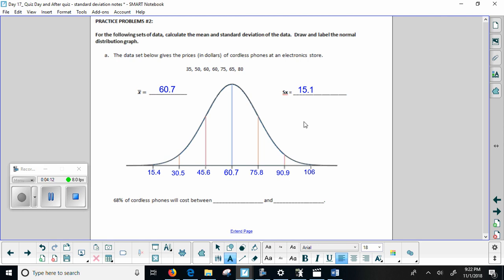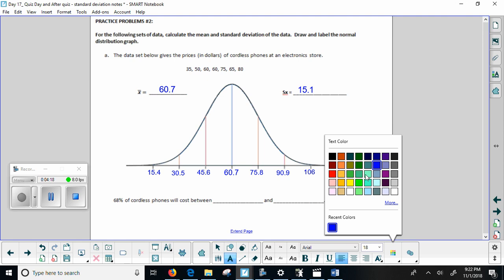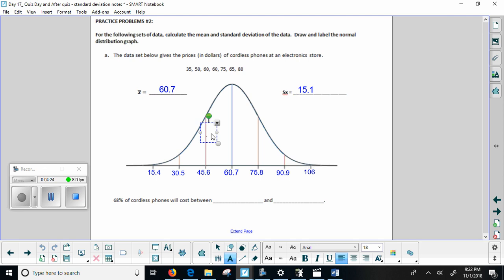Then I'm going to go ahead and put my percentages back in there. So I want to label all those percentages. We'll do that in a darker green. Okay, so I know that these are 34%. This is my 34%. This is 34%.